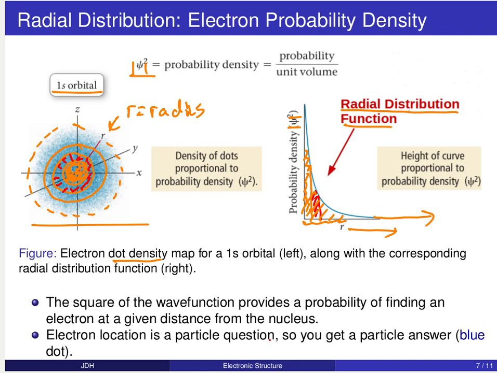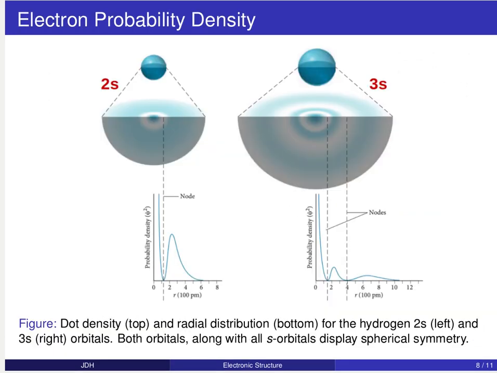Now, of course, with the exponential decay, the probability of such an event becomes vanishingly small very quickly, but it is nevertheless something that could occur. And this is something that holds for all orbitals, right? If we look at a 2s or a 3s orbital, we see that at long distances, there is this asymptotic decay, okay?